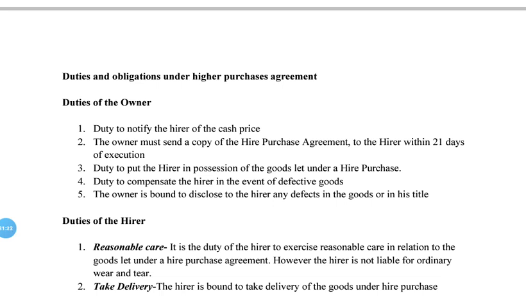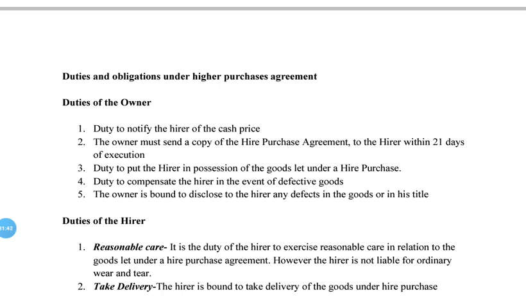Number 2, the owner must send a copy of the hire purchase agreement to the hirer within 21 days of execution. Number 3, the duty to put the hirer in possession of the goods let under a hire purchase.